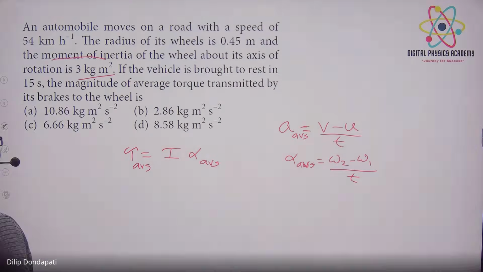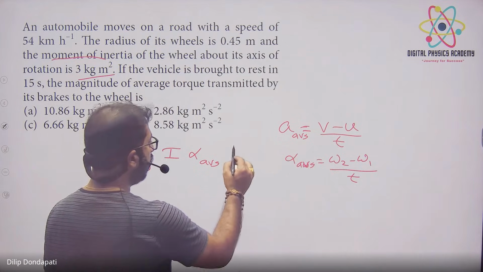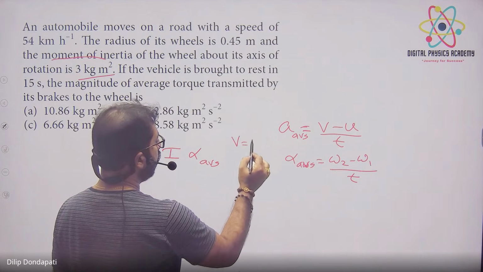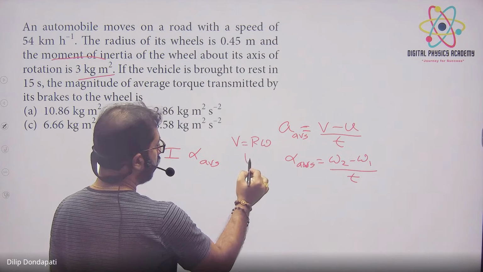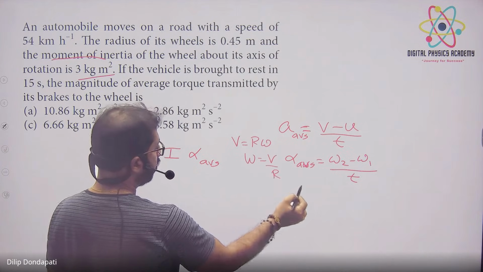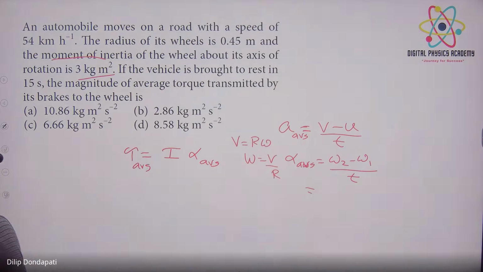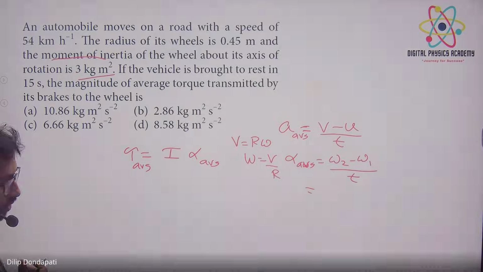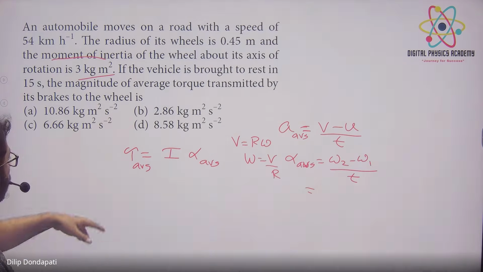Meter per second convert करना पड़ेगा. And then you have to use omega is equal to V by R, because we know how to convert linear to angular. V equal to R omega, right? Omega equal to V by R. Use करो. So the final omega is 0, right? Final is 0. So then won't you get alpha negative? Negative no problem. Minus लगाओ. Okay, 1 second then.